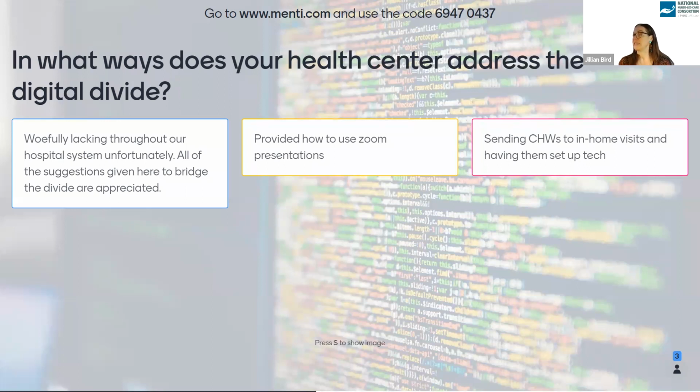Oh my gosh, and sending community health workers to in-home visits and having them set up tech. That's amazing. What a supportive and really holistic way of addressing this. I love getting into their homes and really troubleshooting with the individual.